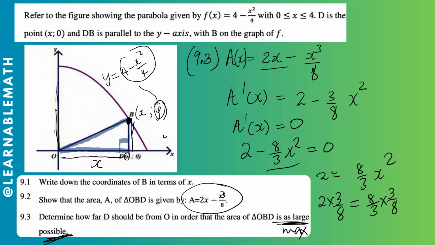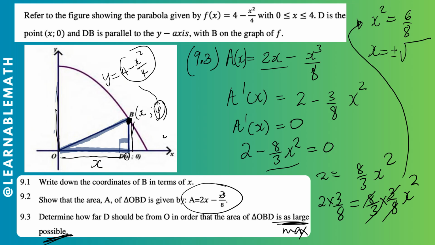I'm multiplying by the reciprocal so that this and this cancel. Then I have x squared. I'm just going to write it on top, guys. So I have x squared equals 2 times 8 over 3. All right. Then x will be plus or minus the root of that.